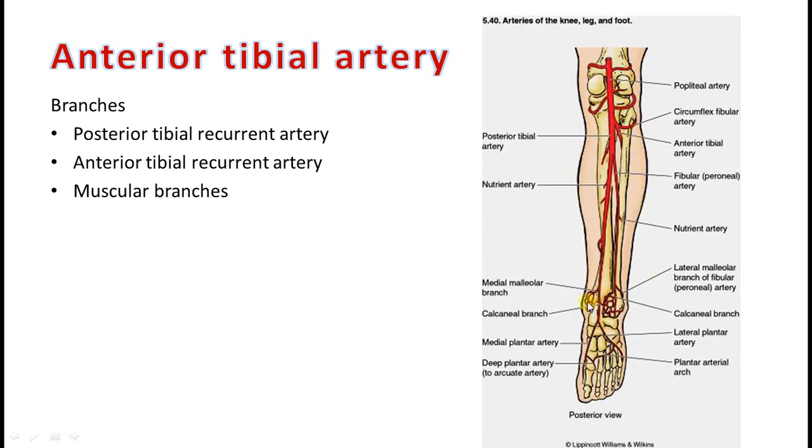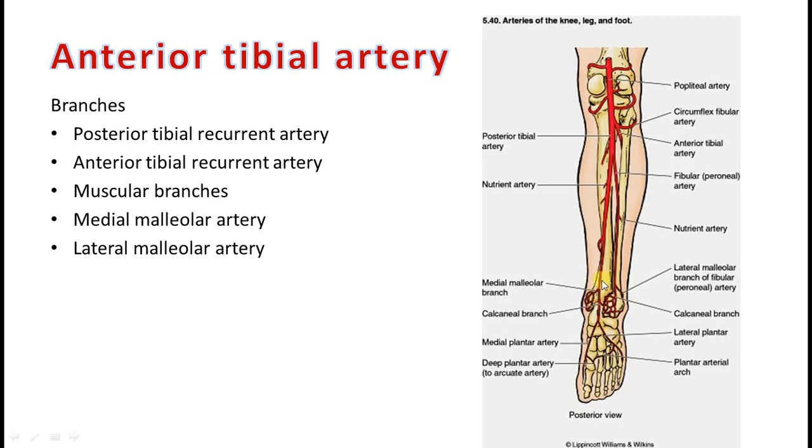In the lower part it gives the medial malleolar and lateral malleolar arteries, which take part in the malleolar network. The medial malleolar artery anastomoses with the medial malleolar branch of the posterior tibial artery and the medial plantar artery, forming the medial malleolar network.